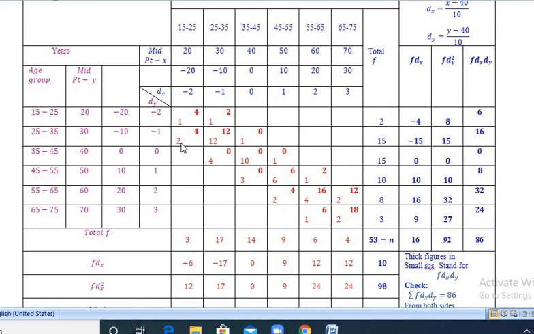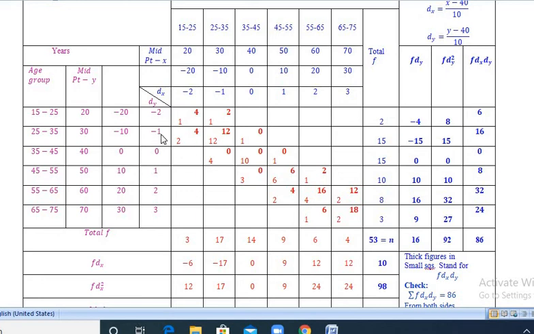And now over the class interval 15 to 25 for X series frequency is 2 and dy is minus 1 and dx is minus 2, their product is plus 2 into frequency 2, it is 4.